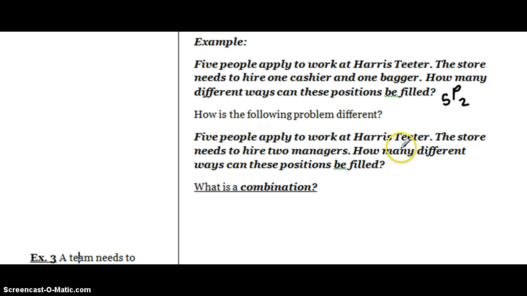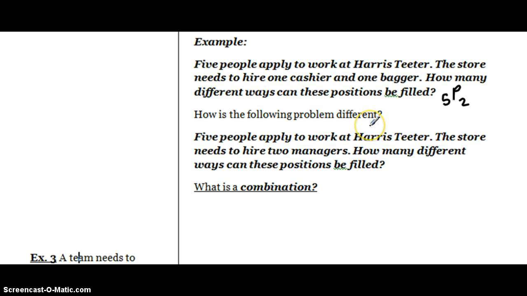In our second problem here, 5 people apply to work at Harris Teeter. The store needs to hire 2 managers. How many different ways can these positions be filled? Here, the order doesn't matter. If you get picked for manager, you're going to be doing the same job, being paid the same.